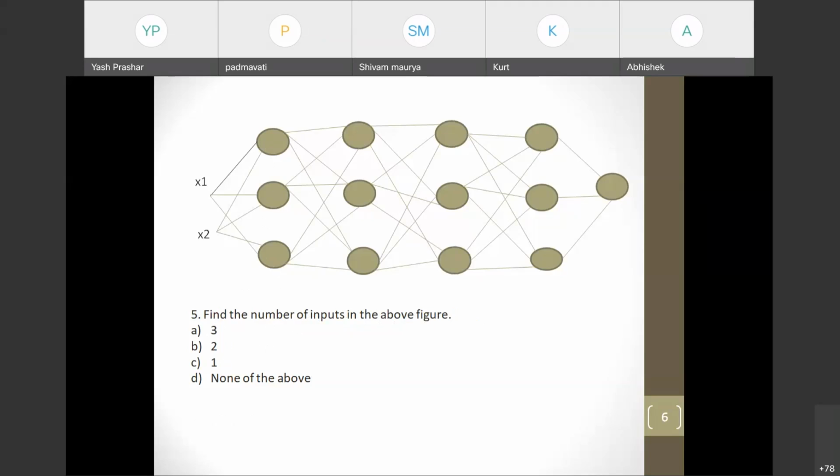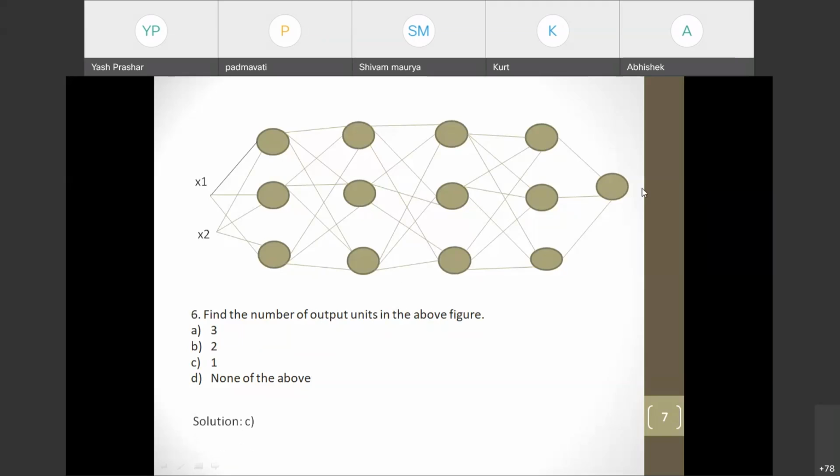From 2. It should be 2. Okay, one input layer with 2 inputs. Very much correct. Ma'am, 1. Yes, it is 1. Correct.